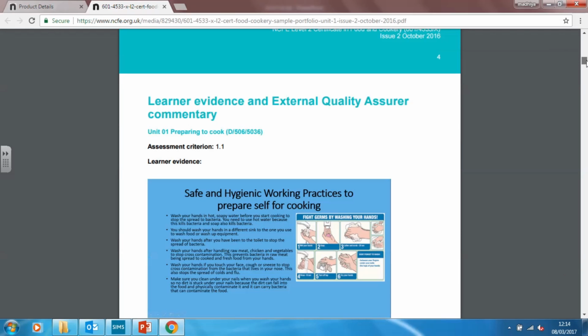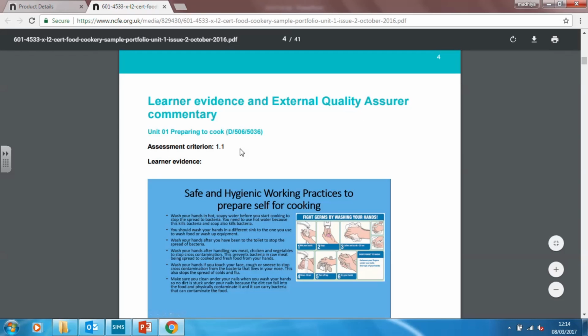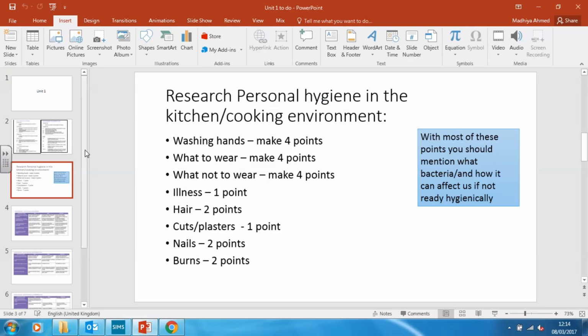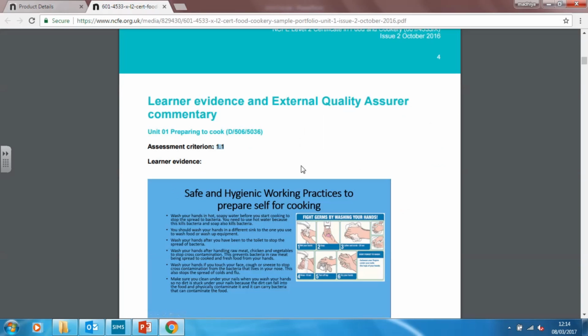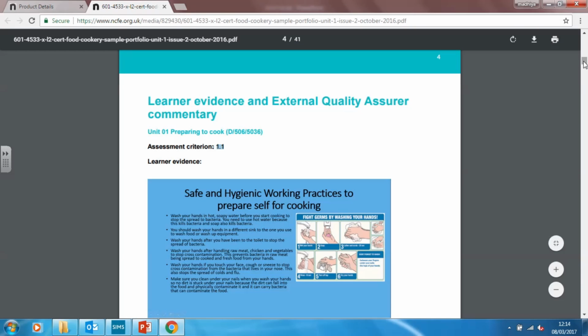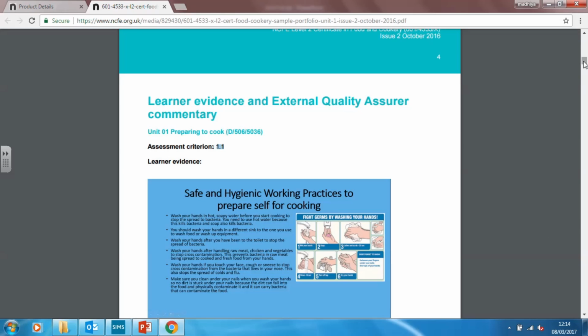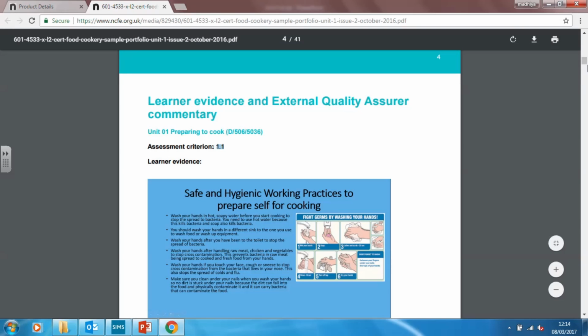Have a read through if you want. Here's task 1.1, just that one criteria from this PowerPoint. This is an example that the board who run the course have set just for task 1.1.